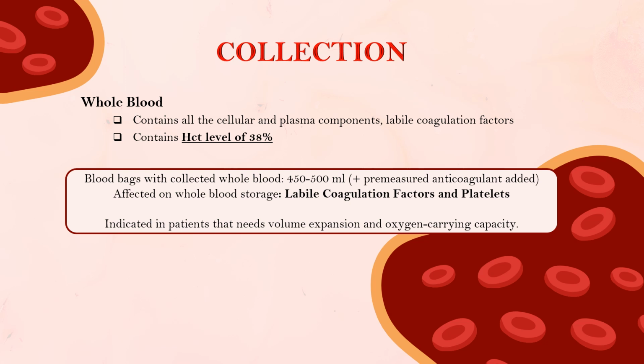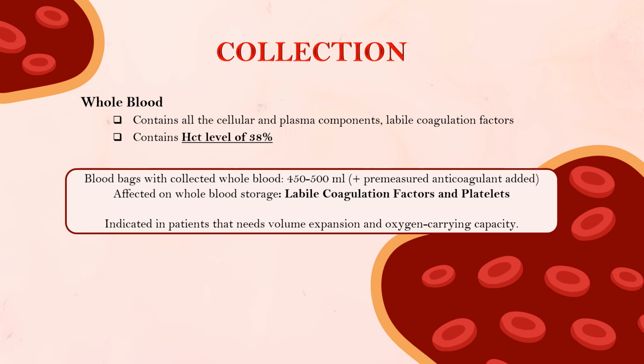So take note that whole blood also contains your labile coagulation factors. However, these labile coagulation factors, including the platelets, are actually greatly affected in stored whole blood. Your labile coagulation factors diminish over time, and whole blood is ideally stored at 1 to 6 degrees centigrade, wherein the storage temperature of 1 to 6 degrees Celsius makes your platelets non-functional.